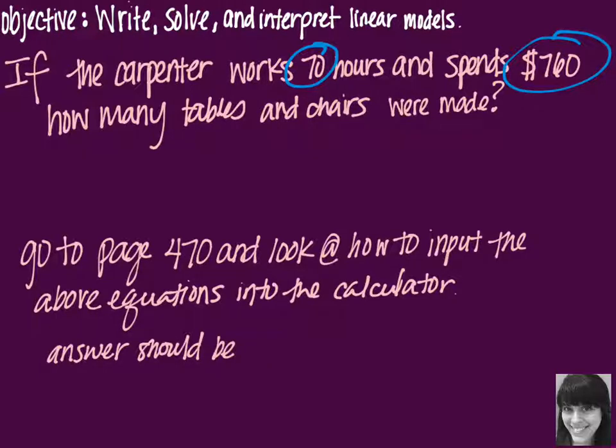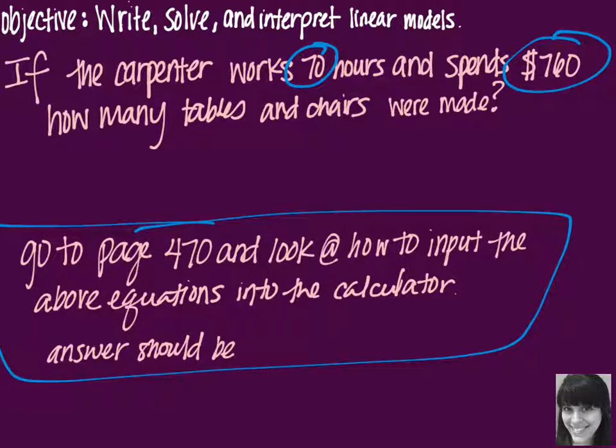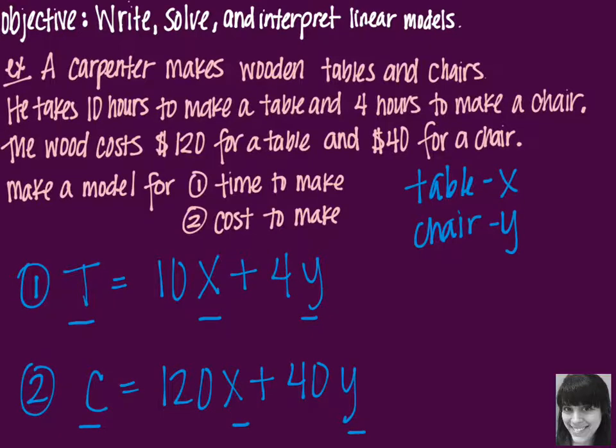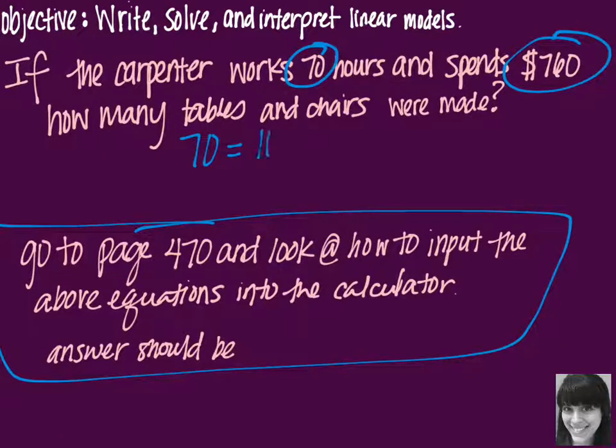So when you go to page 470, it gives you two equations already. Instead of those equations, you're going to put 70 equals 10x plus 4y, and then 760 equals 120x plus 40y.